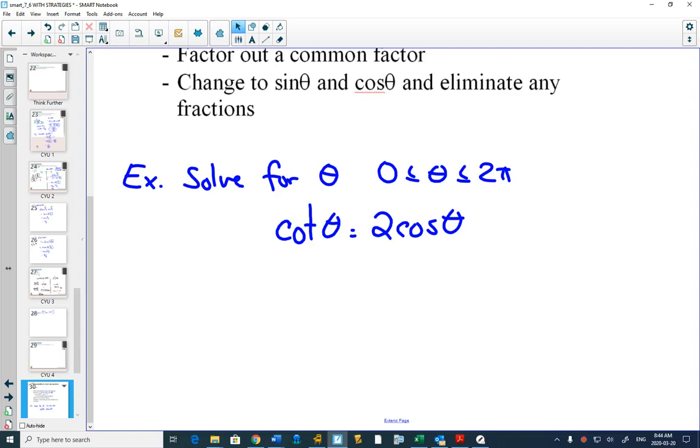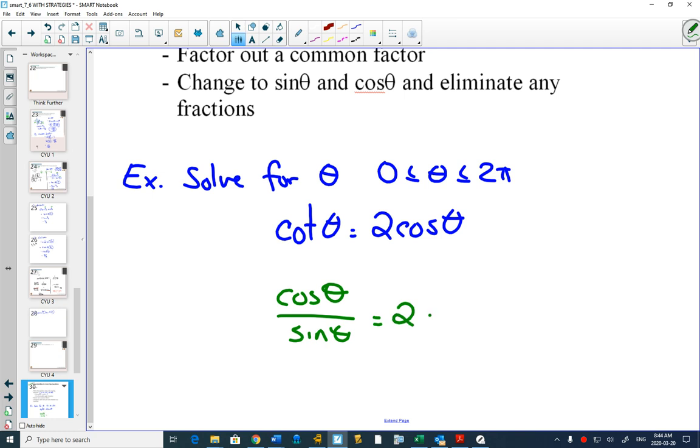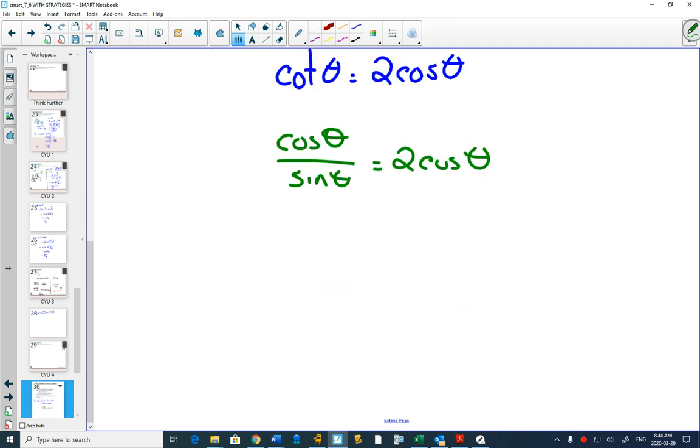So this is where this last strategy is going to come into play, right? Just like in proofs, sort of a last resort, or a common thing, you could change things to sine and cos. So I can change cotangent to cos over sine. And then I could multiply both sides.